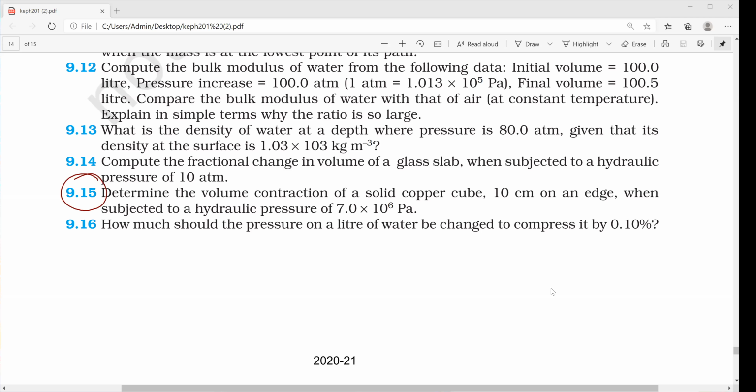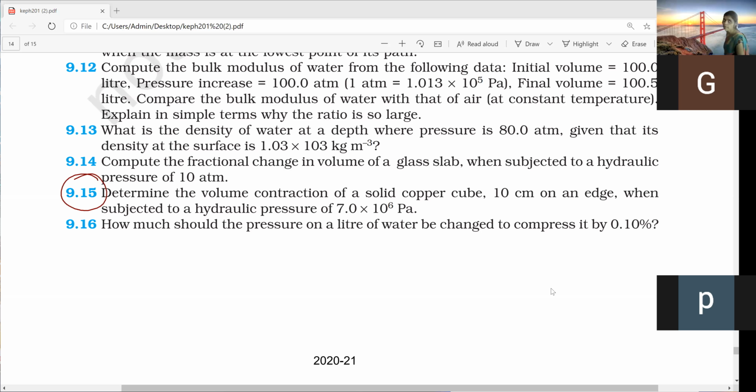What is it, 9.15? So 9.15 is also very easy. What do they ask? Determine the volume concentration of a solid copper tube 10 centimeter on an edge when it is subjected to hydraulic pressure of 7 into 10 to the power of 6 pascal.